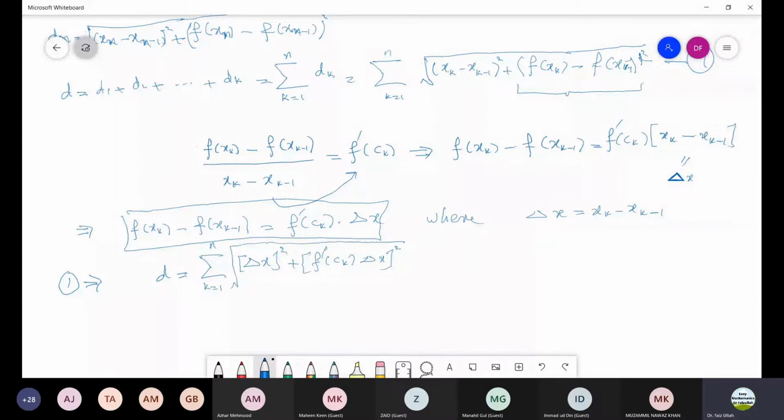Now we can take delta x square as common from these two terms, and then we can also take it outside of the summation.